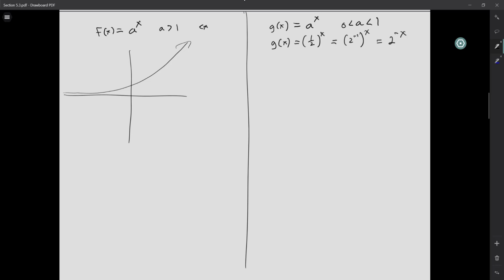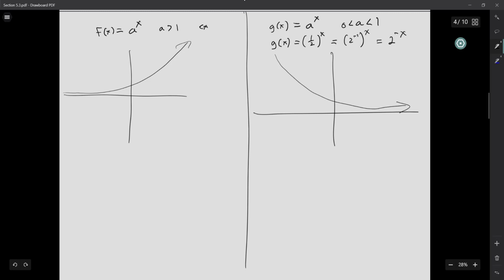So now I've got a positive base, but a negative in my exponent. And if you remember transformations, if I put a negative on the x, that is a reflection across the y-axis. So what I actually get when I have small numbers as my base is a downward moving exponential function.